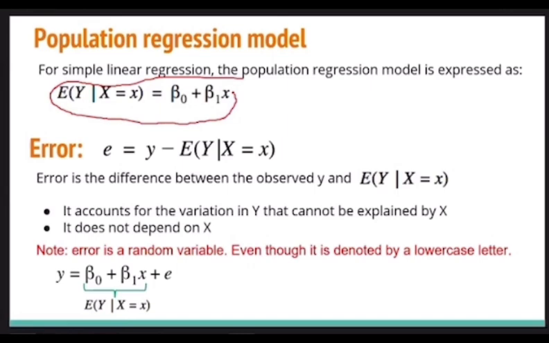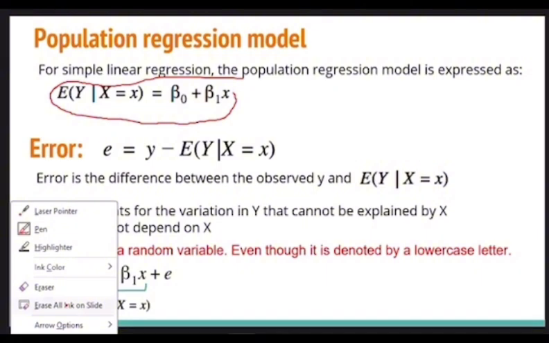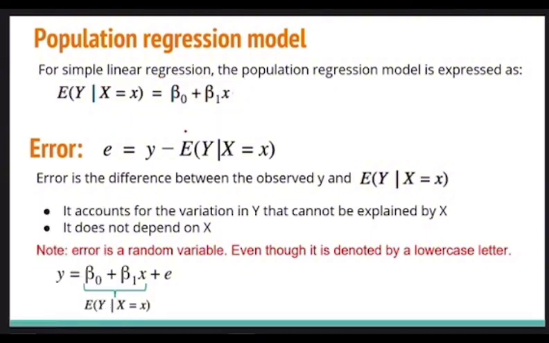And as you can see, the expected value of y given x is talking about the average value of the response given that the value of the predictor equals x. Does that make sense? That is what that is talking about. Now, if you understand that, I'm going to move on. Now, I want to talk about error.